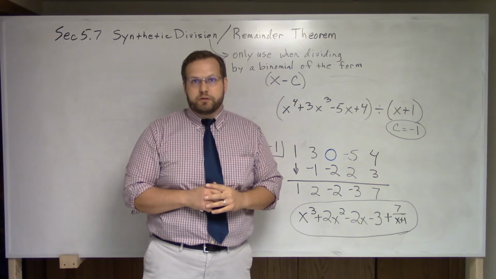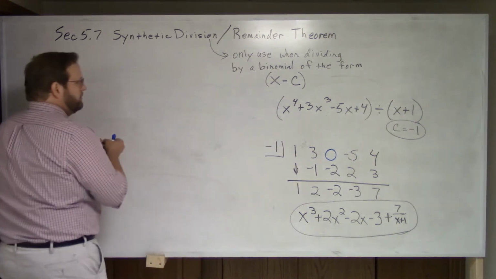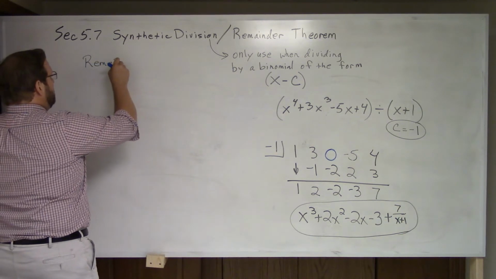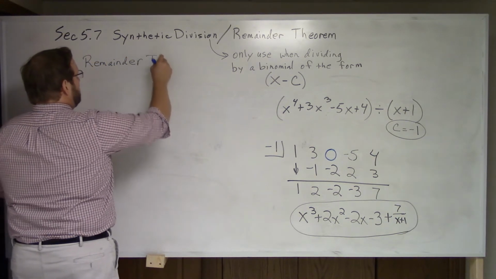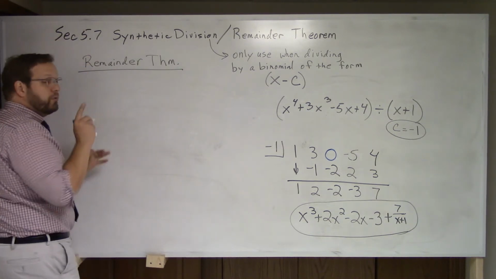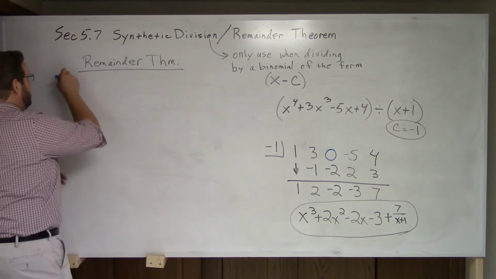On a test, it would clearly say, use the remainder theorem to find the remainder. This is what I want you to do. So I'm going to rewrite this problem. And again, now we're talking about the remainder theorem. Okay? The problem is going to be worded like this.